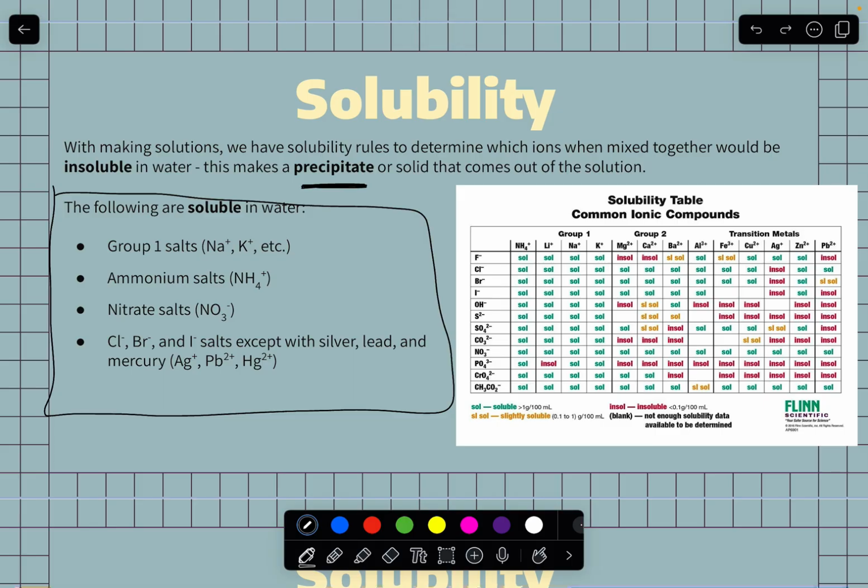And then your halogens, Cl, Br, and I, are soluble unless they're with these three here. If they're with silver, lead, or mercury, they're insoluble. They will not dissolve. But with anything else, they will dissolve. Okay, that's just some general rules. There are some exceptions, but for AP, you can follow these rules here.